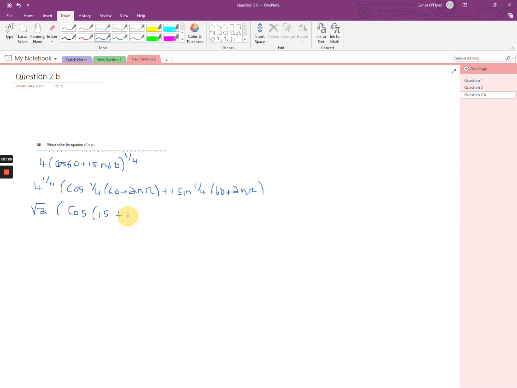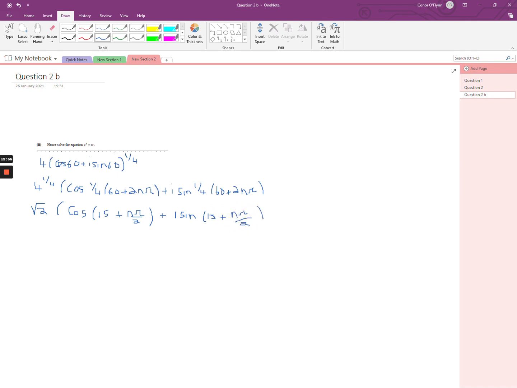Once I tidy up, that'll be n pi over 2, which is a half. Plus i sine, same here, 15 plus n pi over 2. And that's my key line.